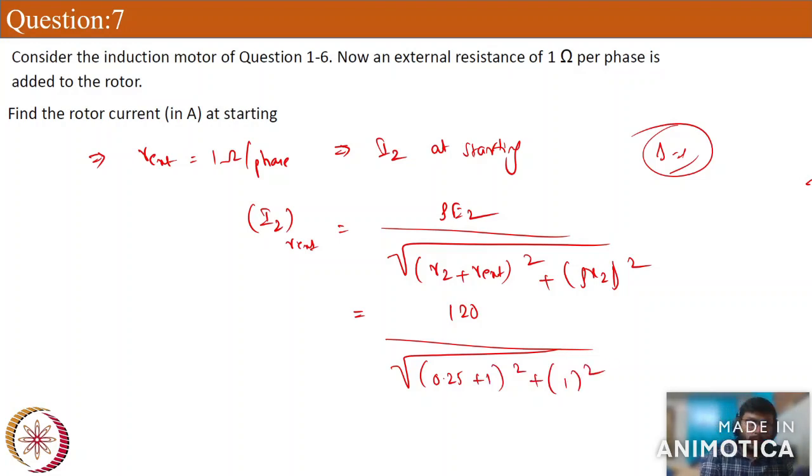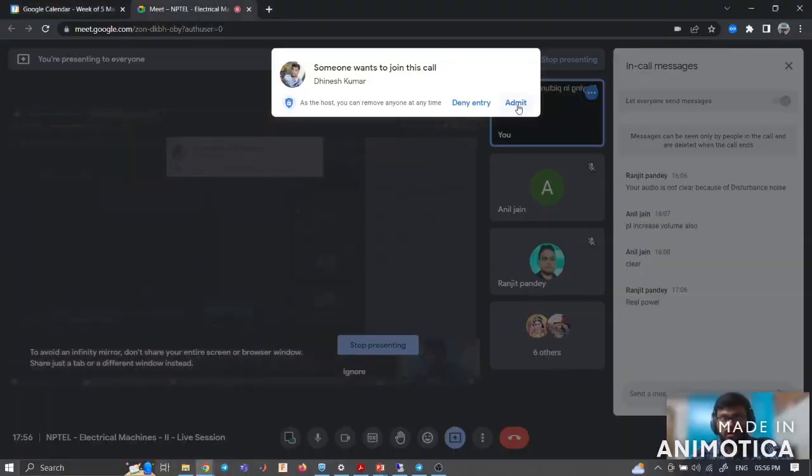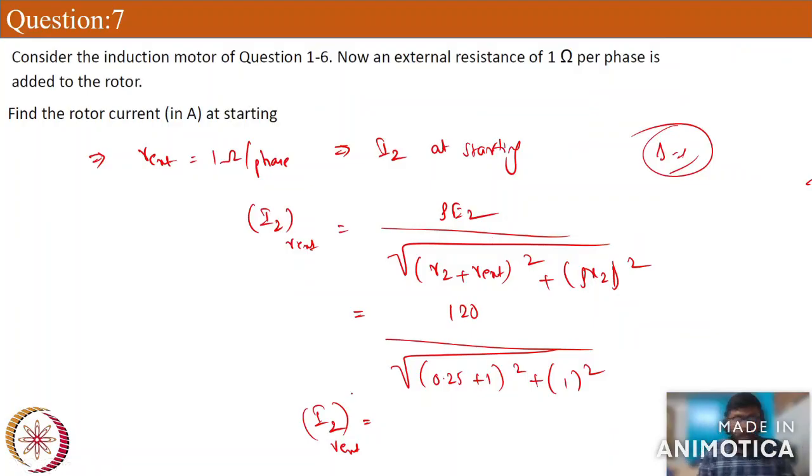Now what is my rotor starting current now? 120 divided by the square root of 1.25 square plus 1. At starting my rotor current is 74.963 amps, because of connecting external resistance my current came down from 116 amps without external resistance.